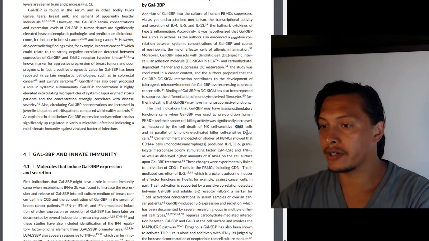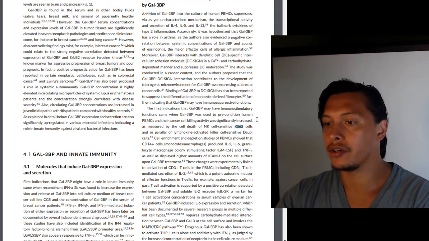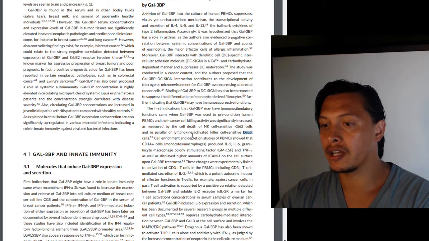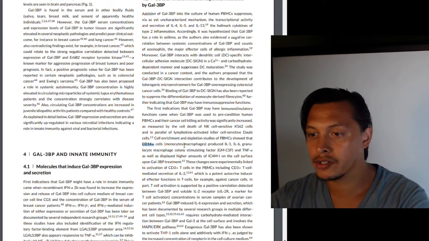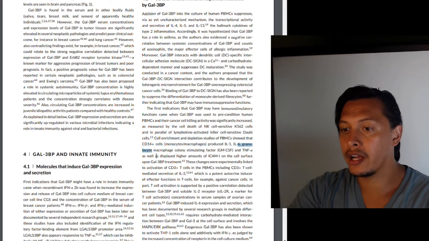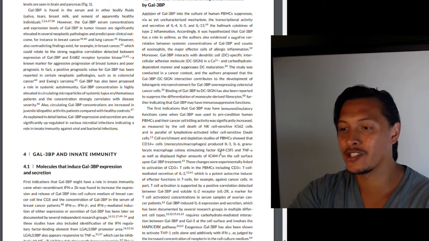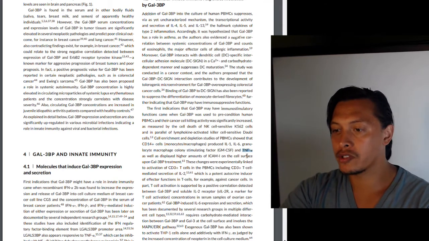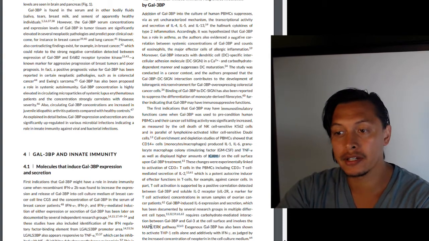So these are just different cancer cell lines, and we know that these are sensitive to the natural killer cells, and these we know are sensitive to the lymphokine activated killer cells. So cell enrichment and depletion studies of PBMC showed that CD14 positive cells, which are the monocytes and macrophages, produced interleukin-1, interleukin-6, granulocyte macrophage colony stimulating factor, also known as GM-CSF, and tumor necrosis factor alpha, as well as displayed higher amounts of ICAM1 on the cell surface upon Gal3 binding protein treatment.